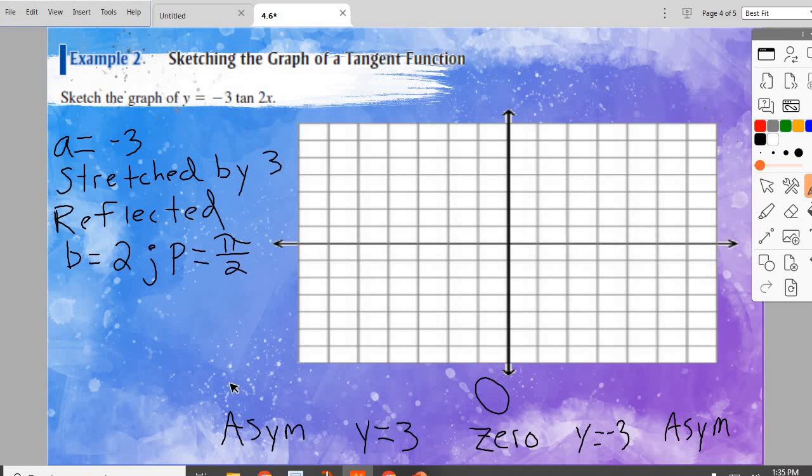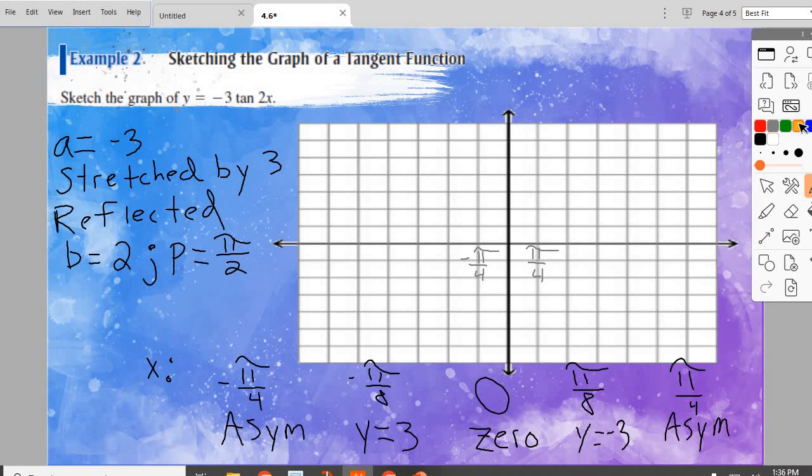Pi over 4, which means I'm going to go a negative pi over 4, and then a positive pi over 4. Which technically means that my y values are going to be at negative pi over 8 and positive pi over 8, but we're not quite as concerned. So this time, because we've been squashed so much, I'm just going to go by pi's over 4.